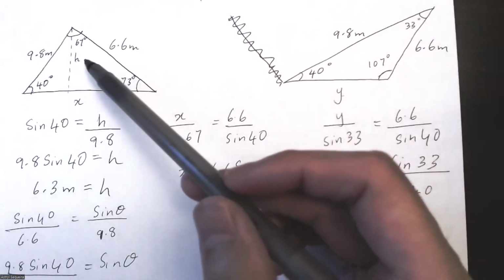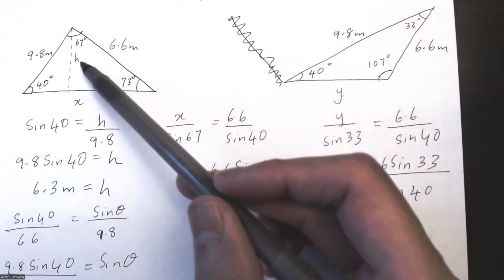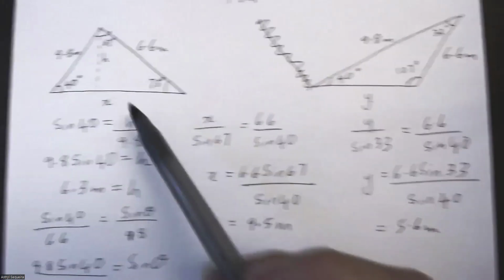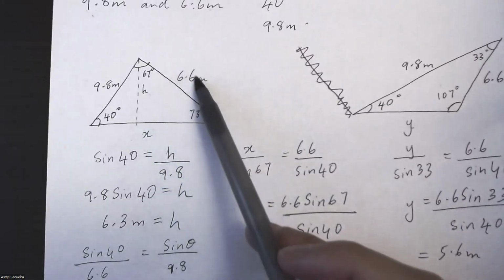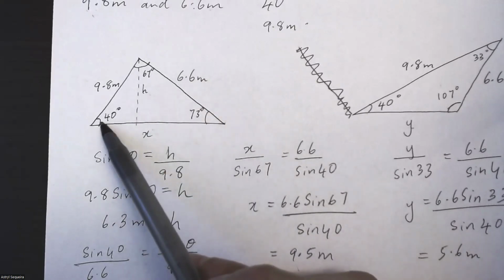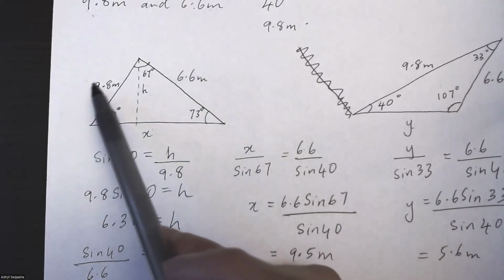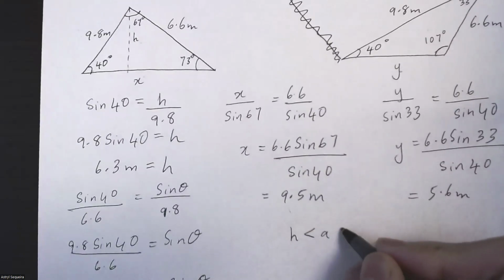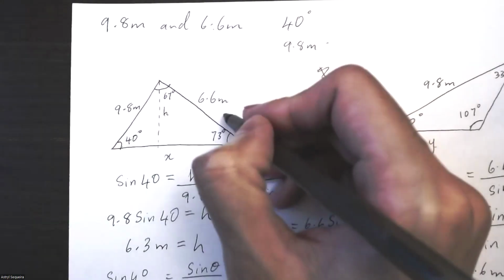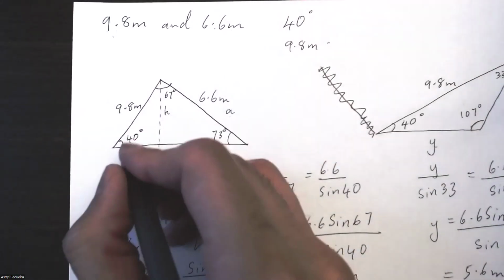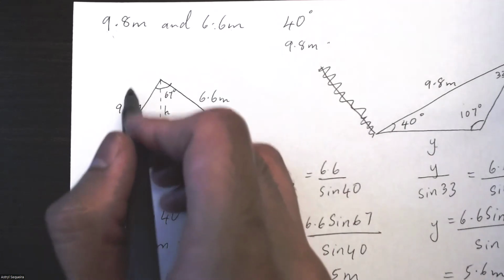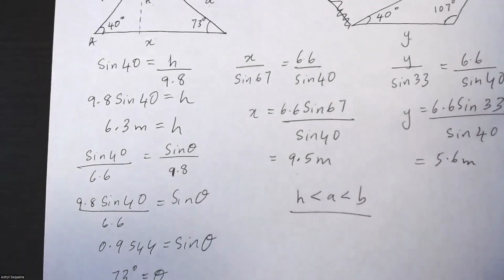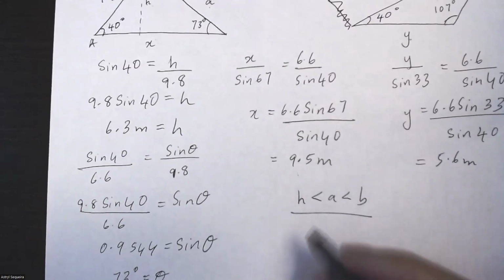If you did not want to really use that and you want to use the laws in this triangle, we know that the height, we found it to be 6.3. If the height is less than the side that you know that's opposite the angle you know, which is also less than this, basically if h is less than a, which is less than b, where a is the side opposite the angle that we know, and b is the other side, if this statement is true, you can automatically state straight away that two triangles exist based on this proof.